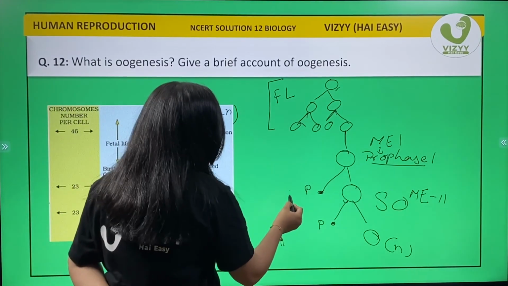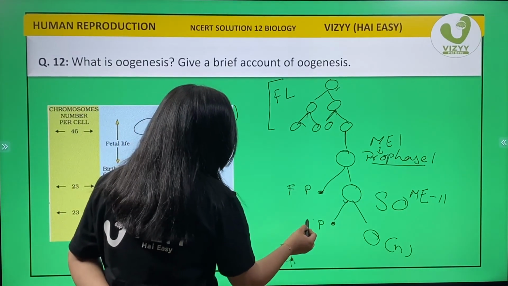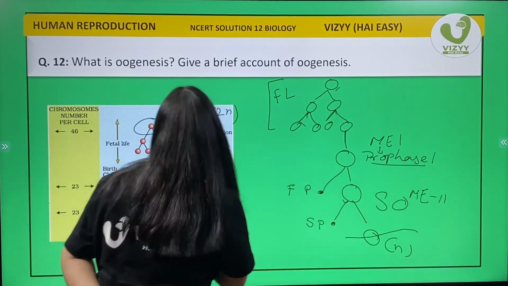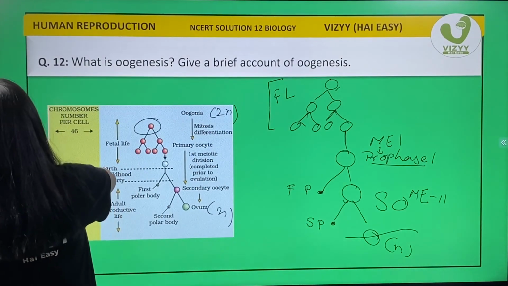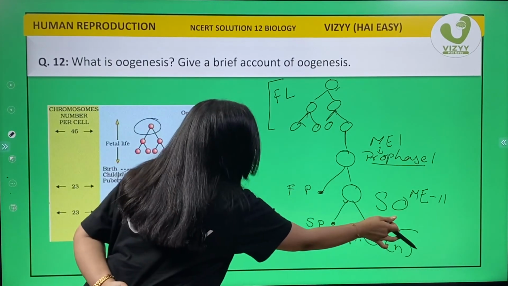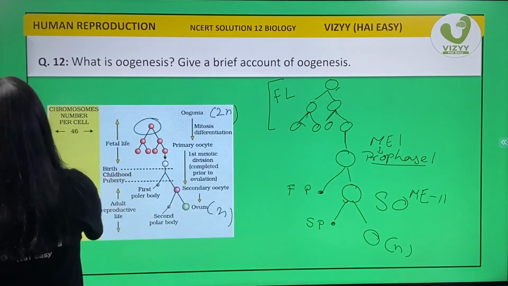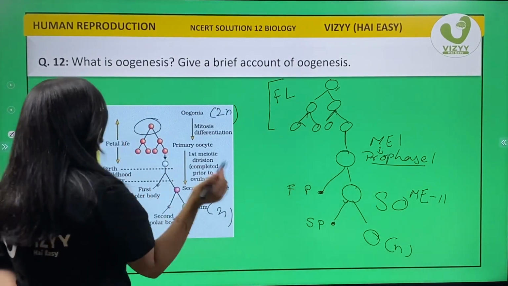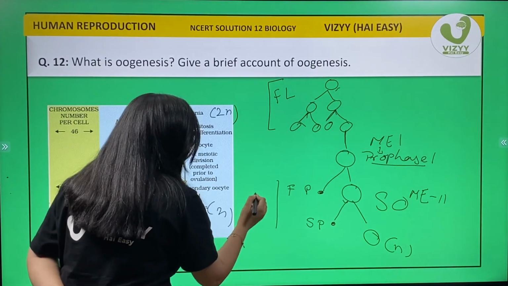So this is our first polar body and this is our second polar body. This occurs in adult life.